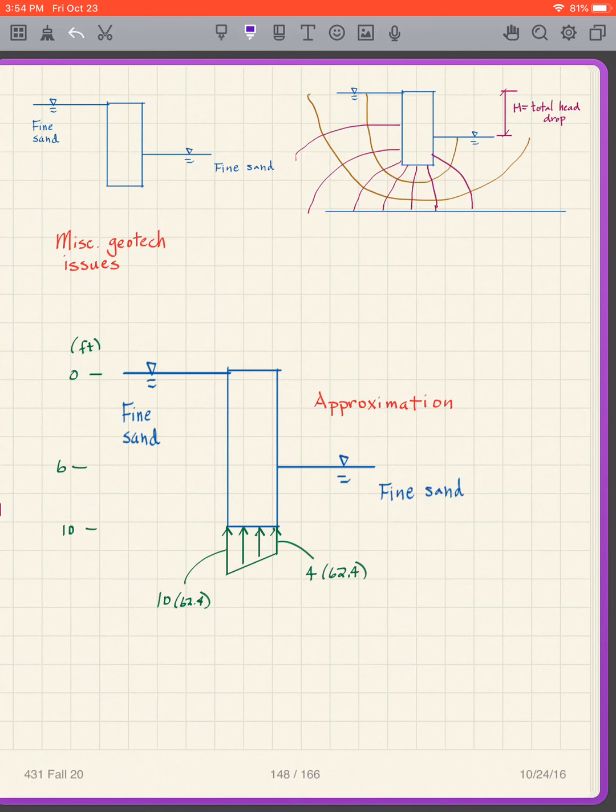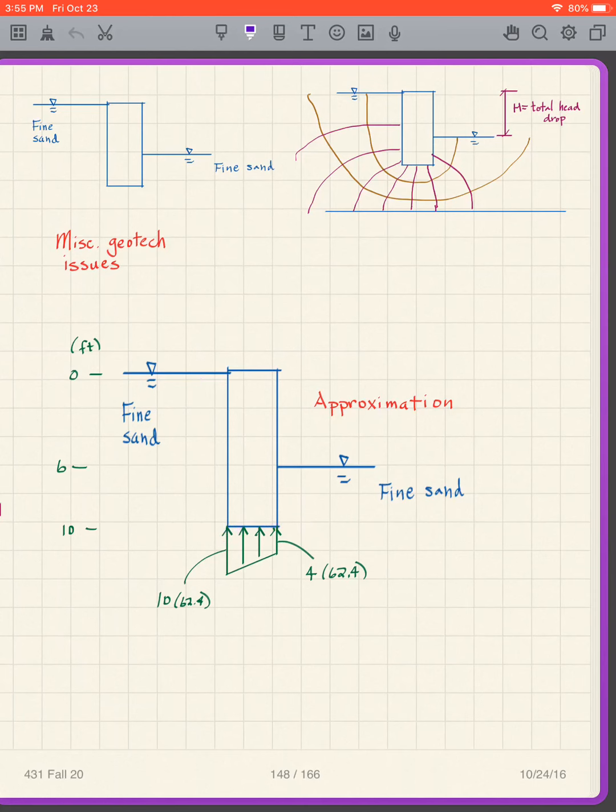The water pressures are less than this, but this is a little bit conservative. So, in other words, if I simply ignore this effect and I want to be conservative, I can say that I get 10 feet of water pressure on this side and 4 feet of water pressure on this side.